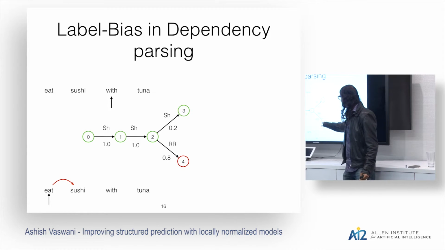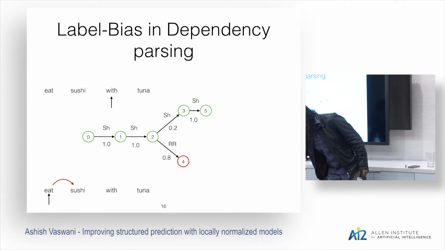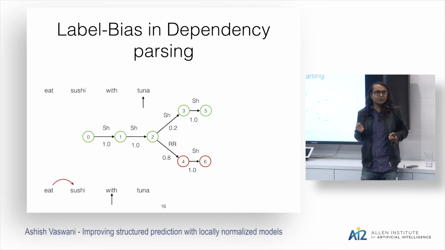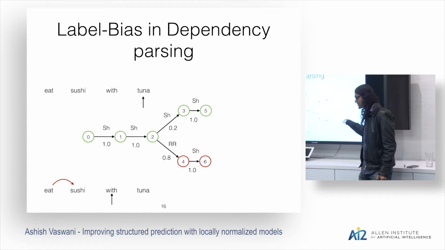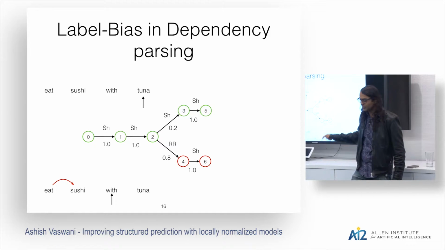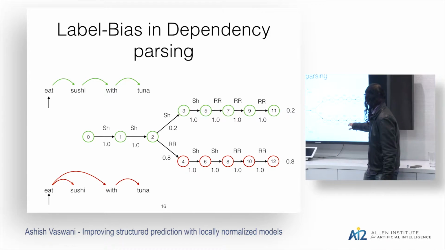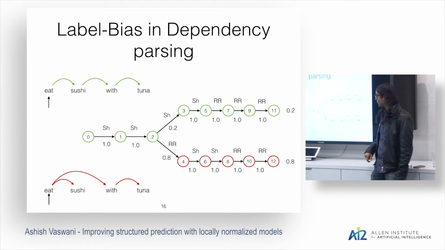So now you've actually ended up in a state that you've never seen in training. Because you've never seen it in training, you've never known what's the right action to take, and you could potentially take every action after that with very low entropy. And what that will result in is the incorrect tree would have higher probability than the correct tree, even though your actions from this point on are perfect.